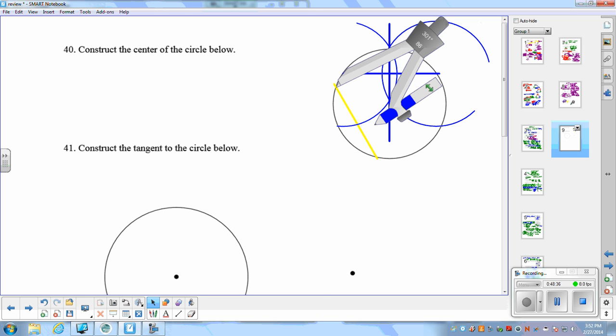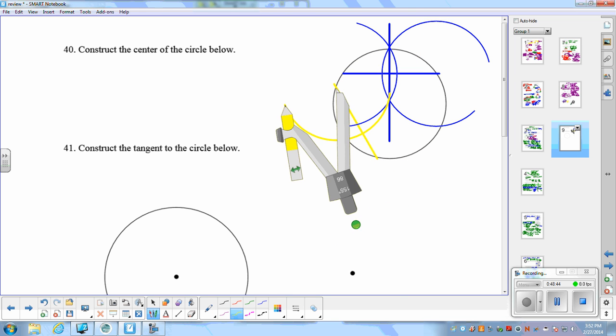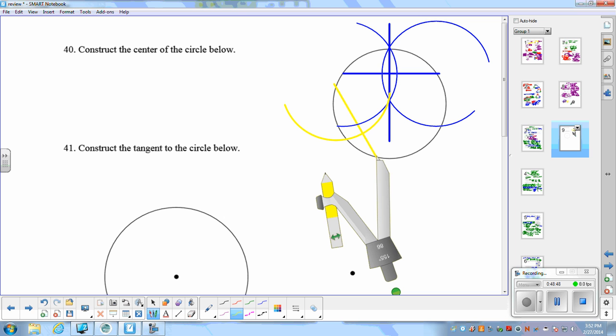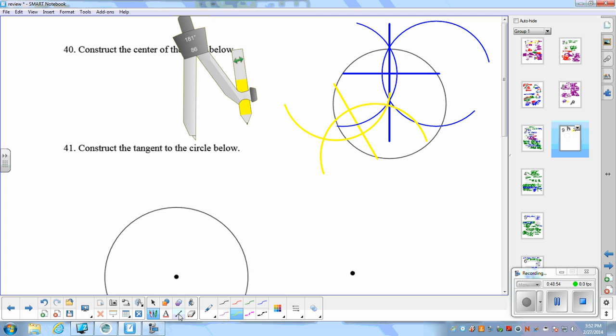Now I'm going to do my yellow chord. So I draw my arc more than halfway, bring my compass down, draw my other arc, and then I need to draw in my line.